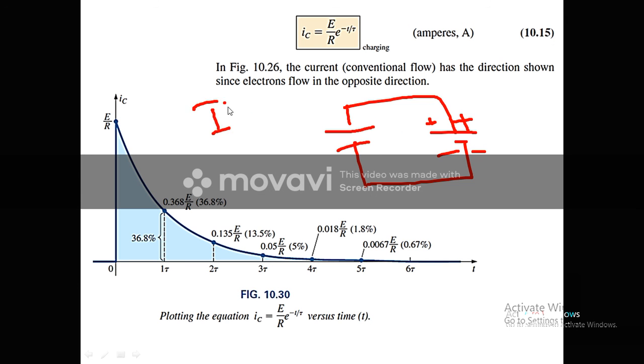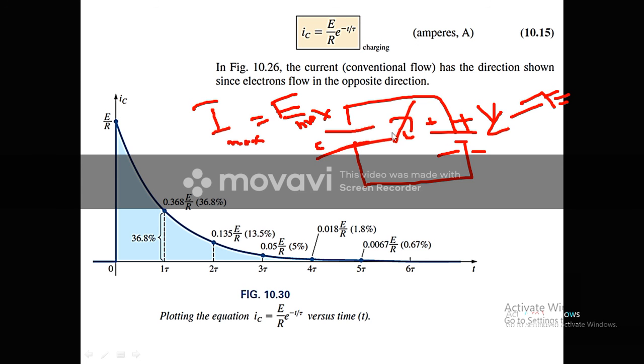Current will be maximum if we have the maximum potential difference. And if Vc is equal to E, there is no potential difference, so there will be no current at all. So at the start the potential difference is maximum, so the current is maximum.